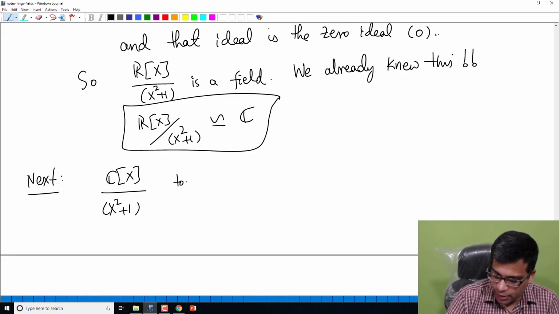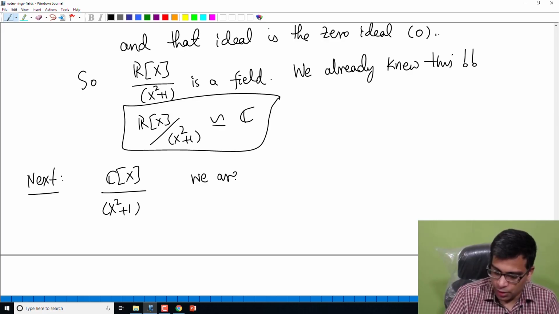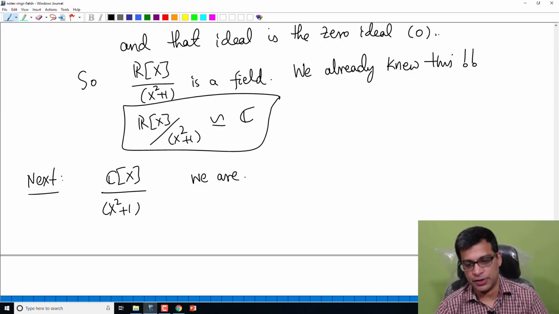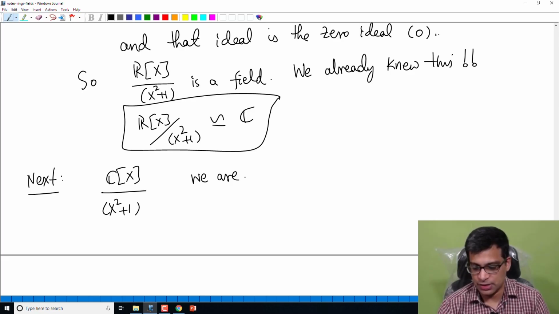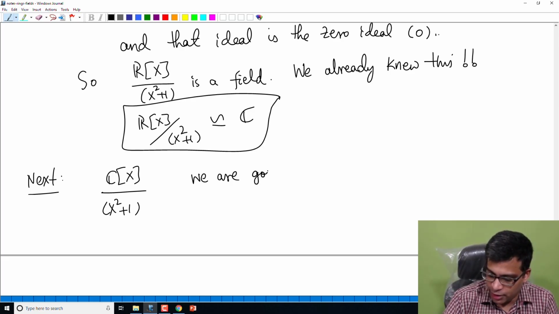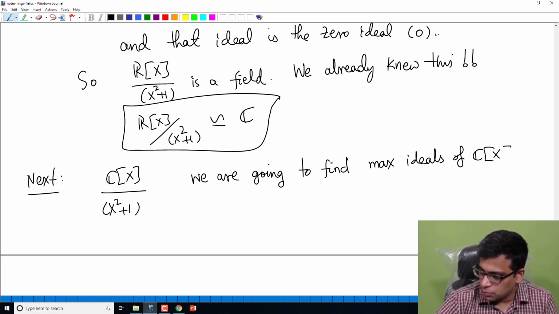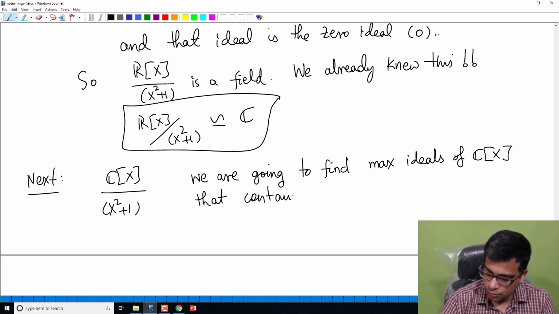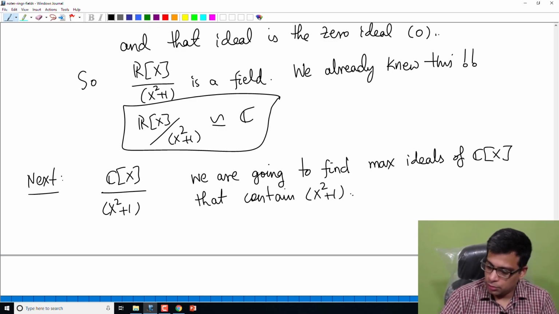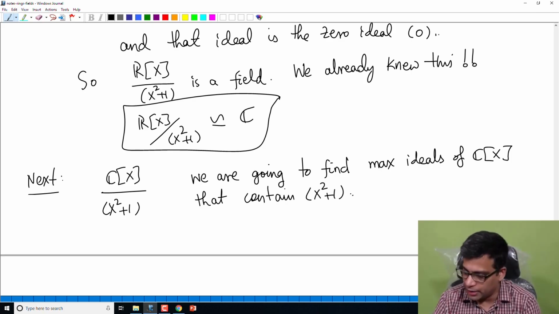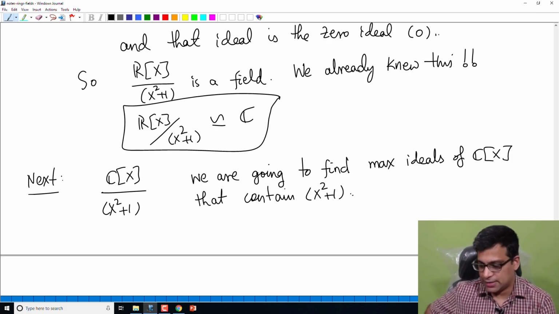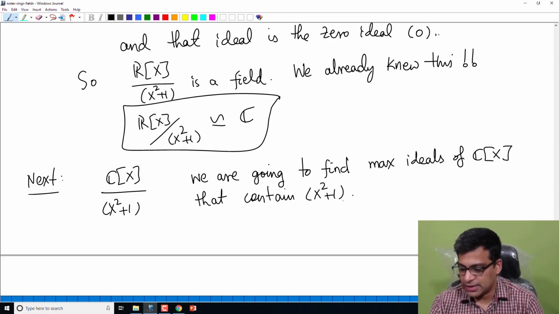So to find maximal ideals, now let's come back to C[x] mod x squared plus 1. In order to find the maximal ideals of this ring, we are going to find maximal ideals of C[x] that contain, okay, so now we are interested in finding maximal ideals of C[x] that contain the polynomial x squared plus 1.